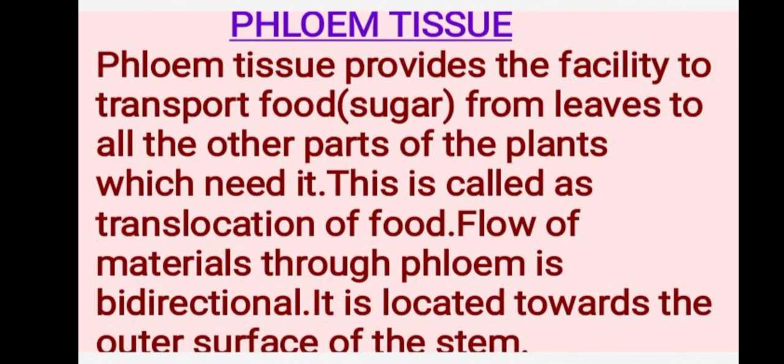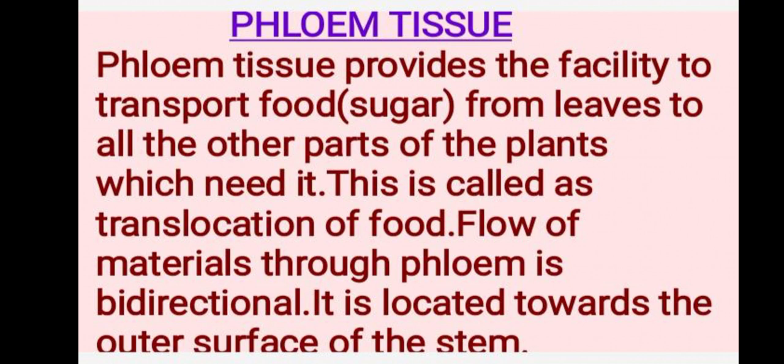And this purpose is served by another special tissue called phloem tissue. Phloem tissue provides the facility to transport food or sugar which is synthesized in the leaves to all the other parts of the plant which need it. This is called translocation of food.